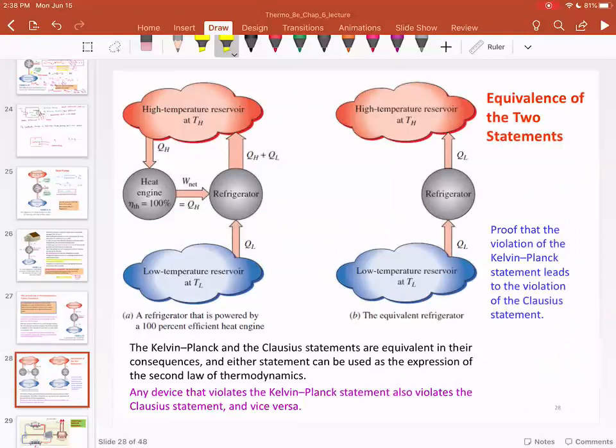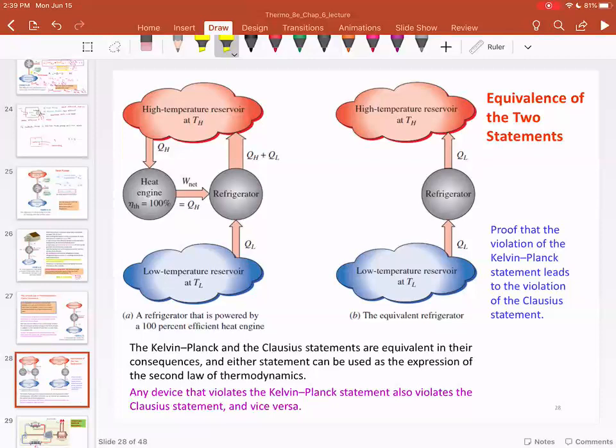Now, here is something that we discussed earlier, but again, a reiteration. The Clausius statement and the Kelvin-Planck statement, both these statements are one and the same. And how do we prove the equivalence of these two statements? So consider a heat engine and a refrigerator that are operating between one source at high temperature and another sink at low temperature.